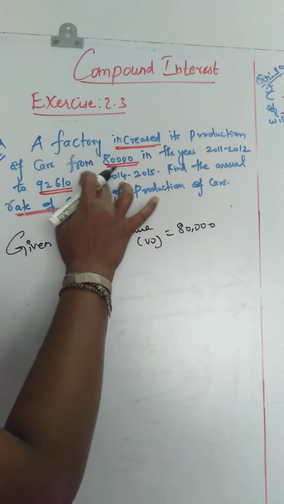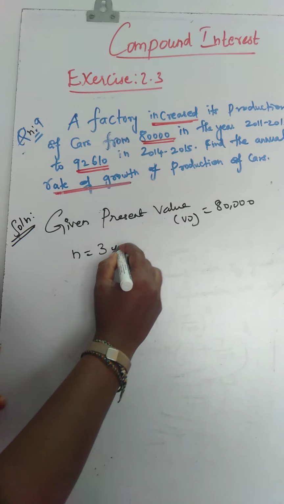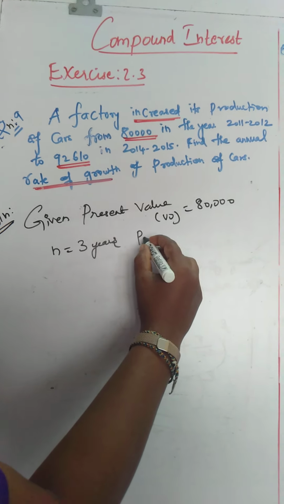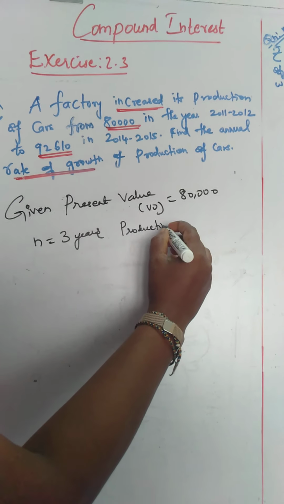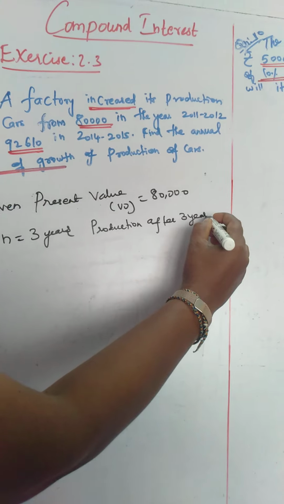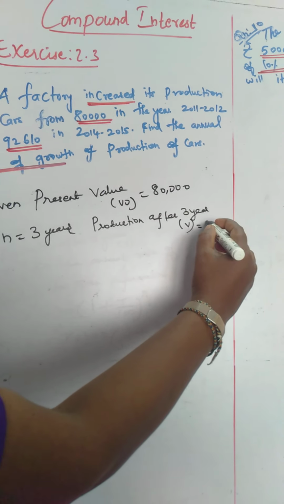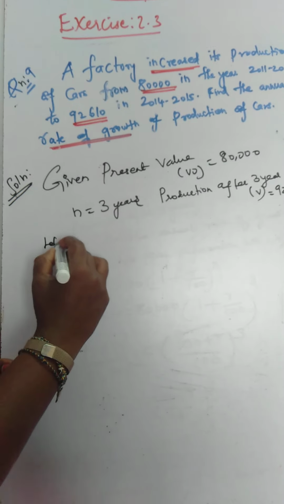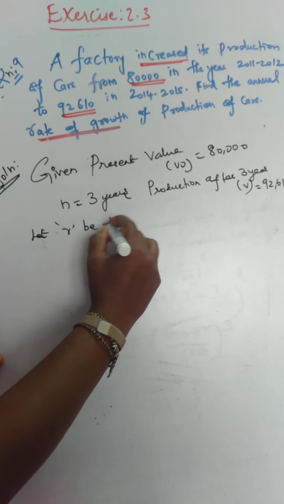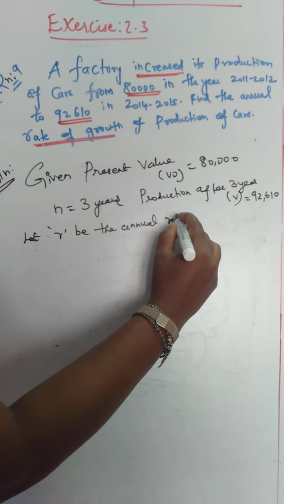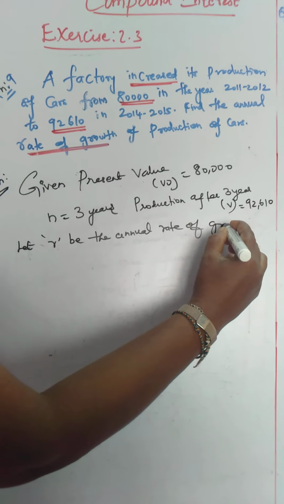In between there are number of years is 3 years, right? Then production after 3 years, that is V equal to 92,610, right? Let R be the annual rate of growth.